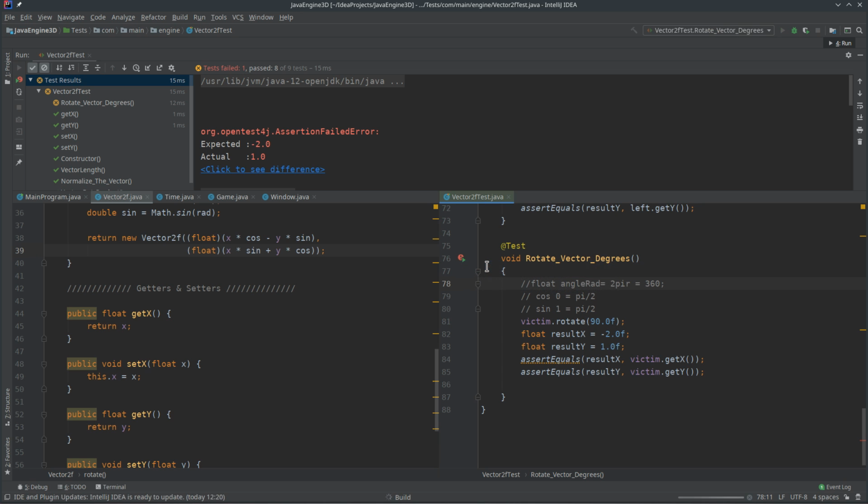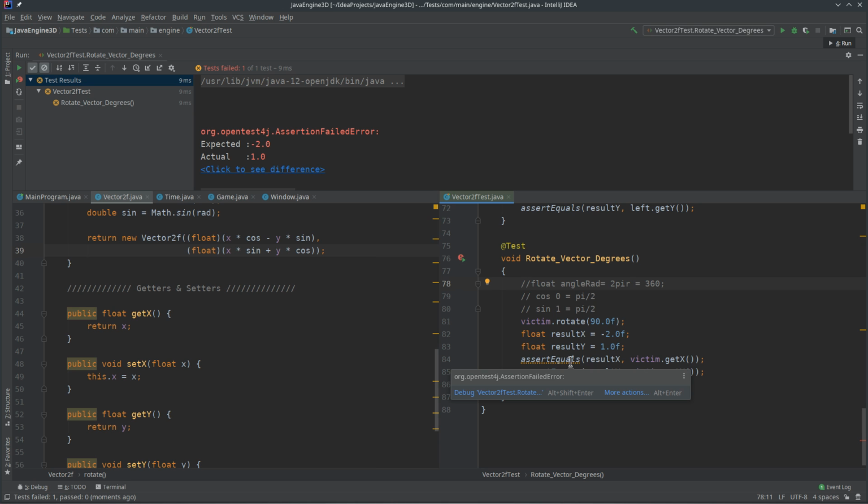Run rotation. Got -2. Actual is 1. Interesting. Expected -2, actual is 1.